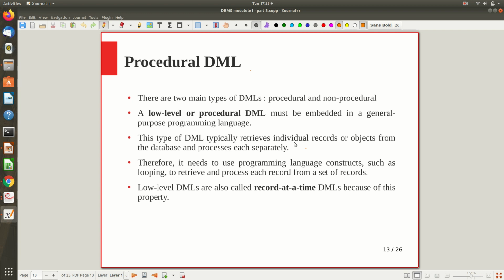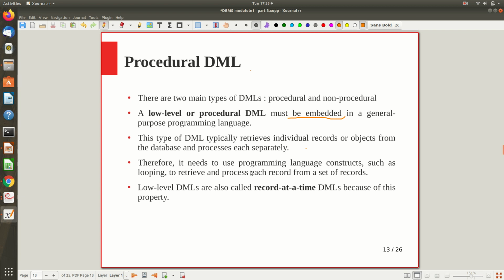A low level or procedural DML must be embedded in a general purpose programming language. They don't have an independent existence. This type of DML typically retrieves individual records or objects from the database and processes each one separately.